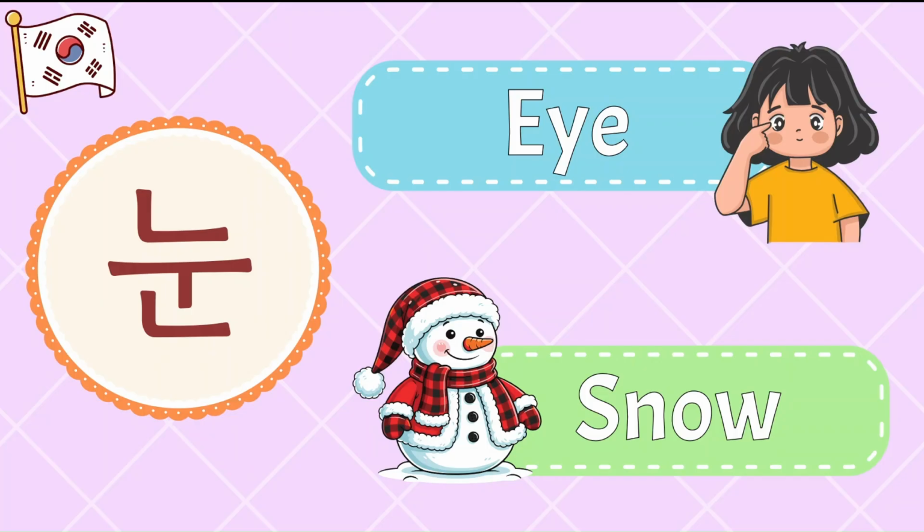When you hear this word nun, there are two meanings that appear in your mind: eye and snow. Now, the point is how you are going to identify when it means eye and when snow. It can be very easily done with the help of the context or the situation that you're talking about.